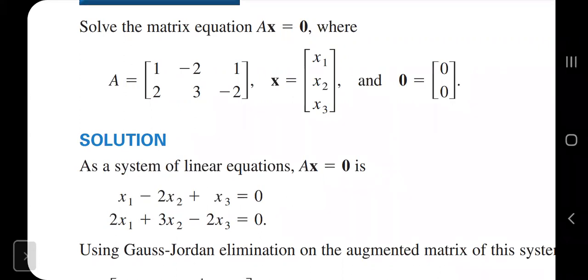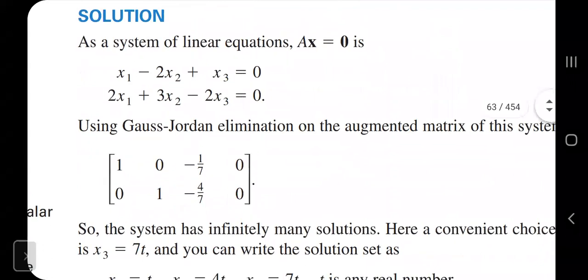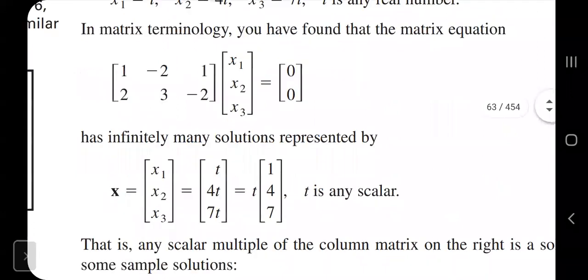For now, we're going to learn fancier ways of solving linear equations later, but for now we're just going to solve it like we normally do. I'm not going to go through the whole thing. I get my final matrix, putting the solution in matrix form: X1, X2, X3 is T, 4T, 7T, which is T times (1, 4, 7).